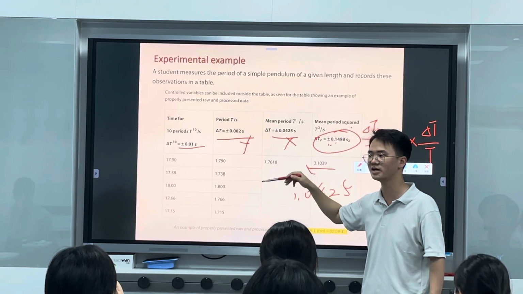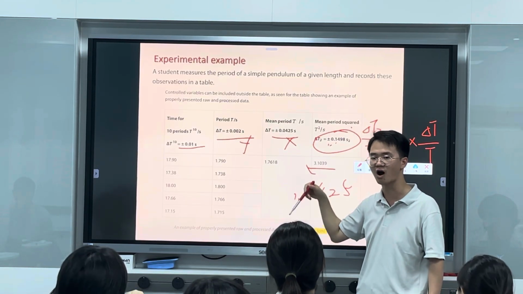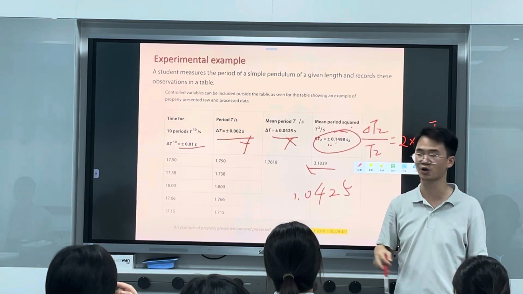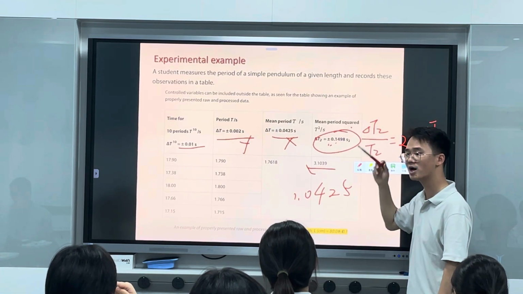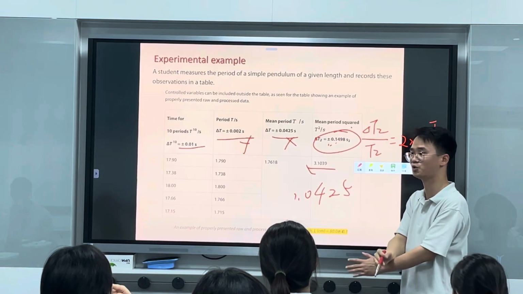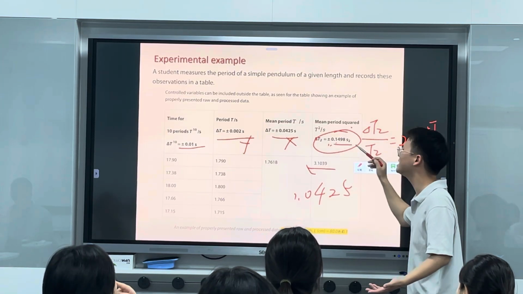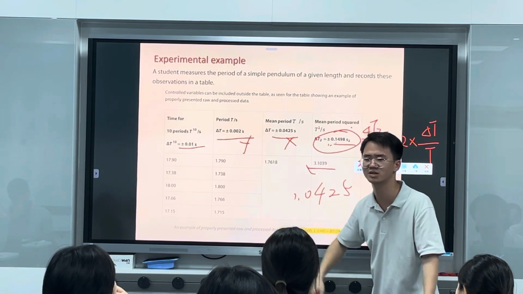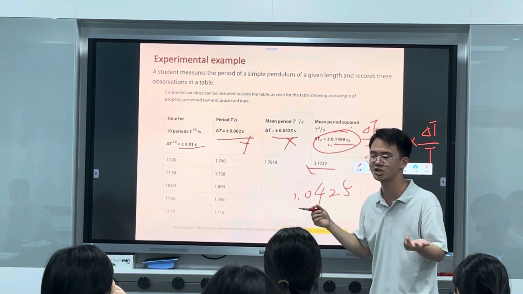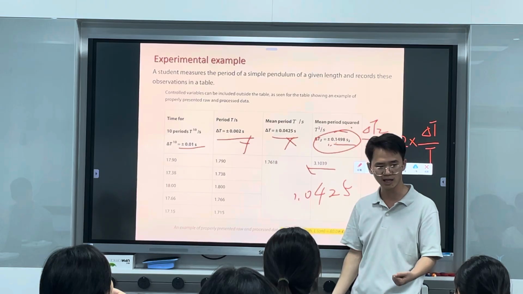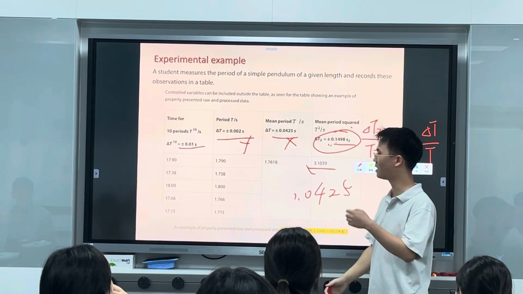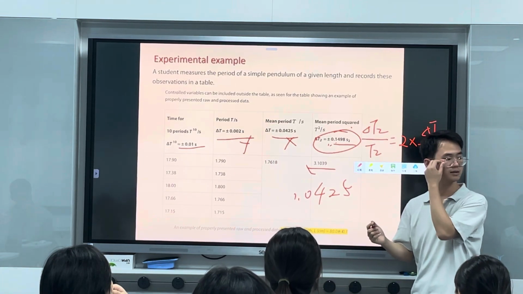Uncertainty is one of the most important parts of your data analysis. That's the reason why I'm going through it step by step, trying to make it clear, because a lot of students are super confused about how exactly to find those numbers. Then they just randomly put some random number there, which unfortunately is not correct. Okay? Alright, can I move on?